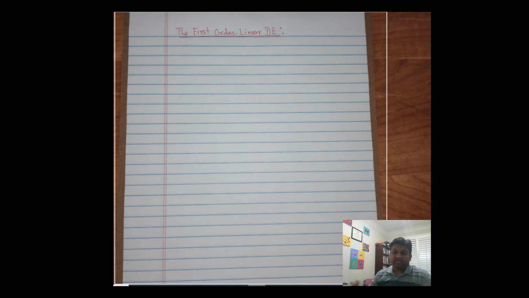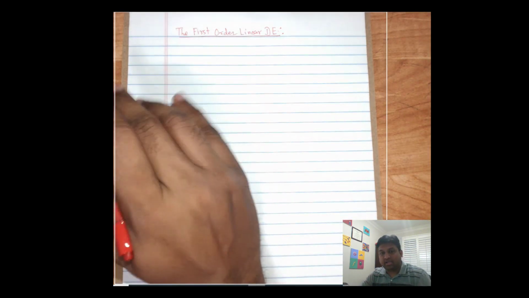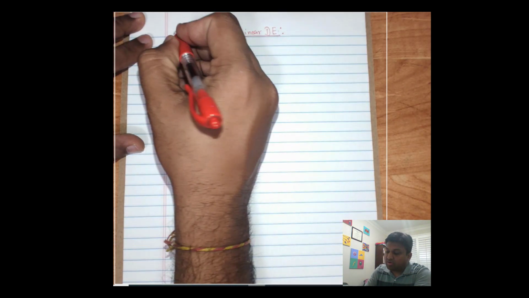Okay, so let's define first order linear DE. Here is the formal definition.